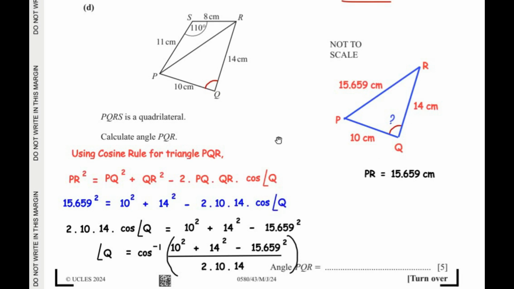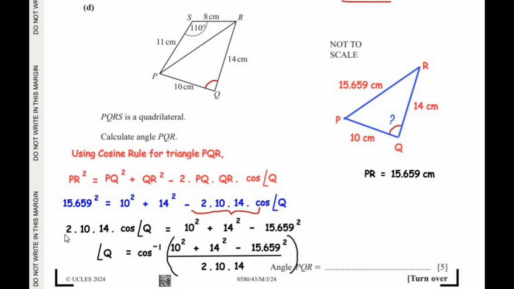Now, since we have to find the angle Q, I have taken this entire term on the other side of the equal sign, and in place of this, 15.659 squared has been exchanged. So you can see here, negative 2 times 10 times 14 times cos of angle Q has become positive, equal to 10 squared plus 14 squared minus 15.659 squared.